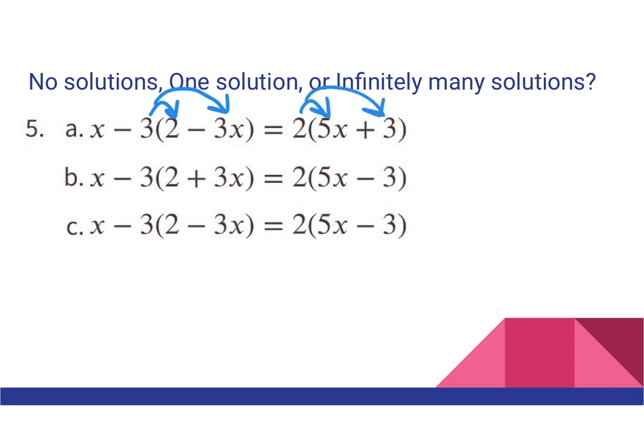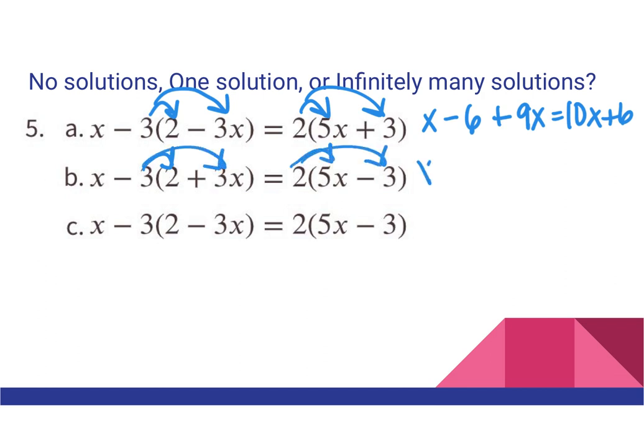So for the first one, I'm going to have x minus 6 plus 9x is equal to 10x plus 6. For the second one, same thing. We're going to have x minus 6 plus, oops, not plus. That's why we got to pay attention there.